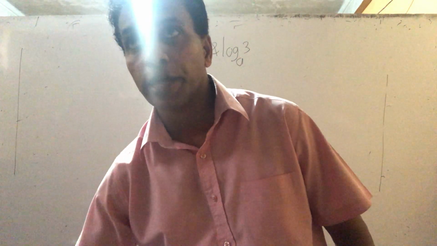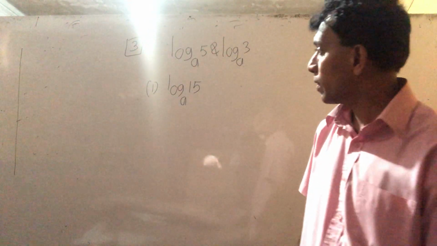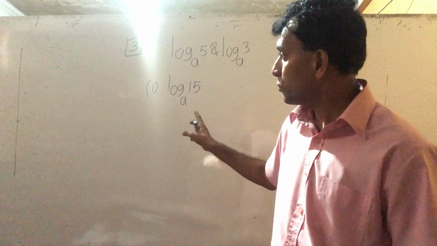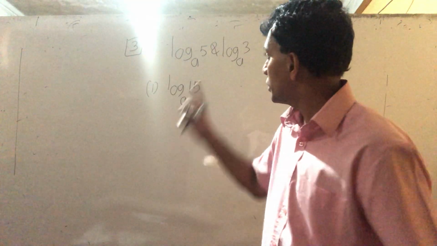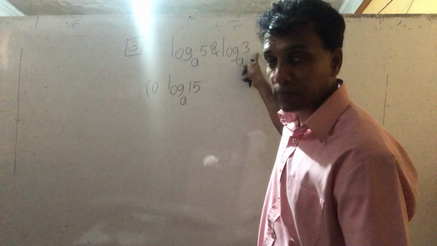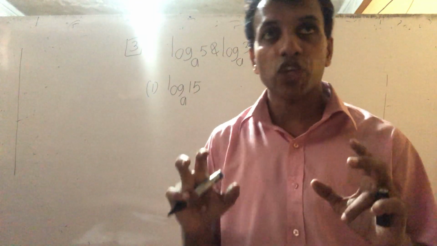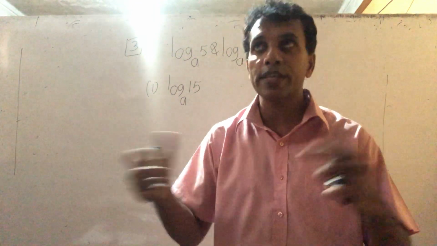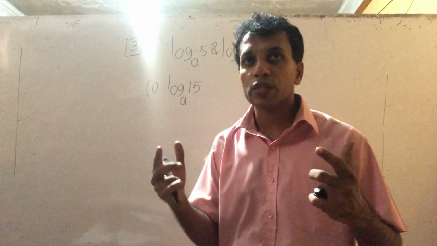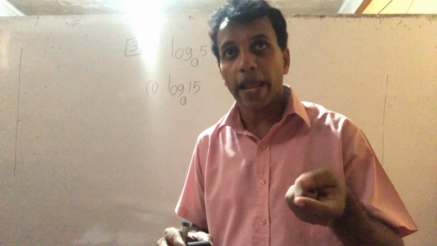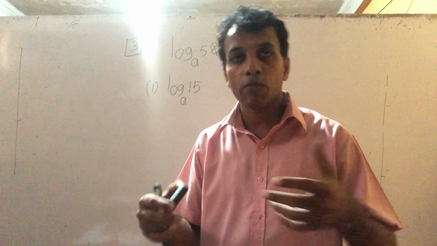It's another important type of problem. Logarithm base a 15, you have to give in two terms, 5 and 3. So here 15 is available, you change the 15 into 5 and 3. In this case the answers are multiplication or addition, the reverse form of the rule.